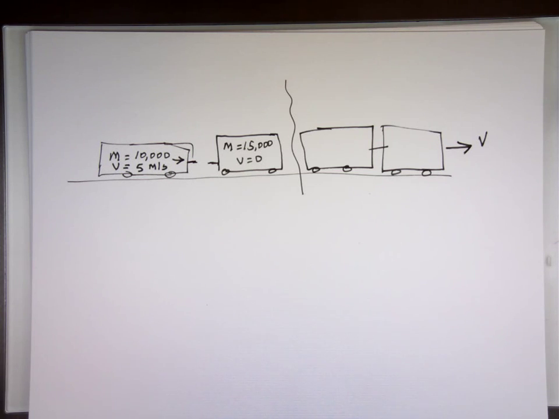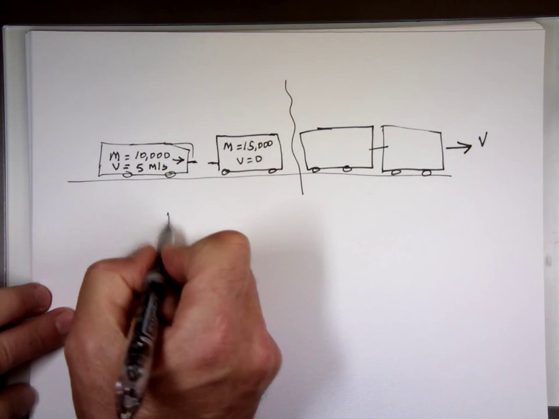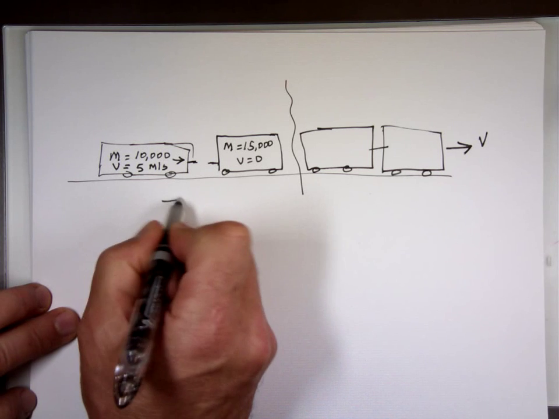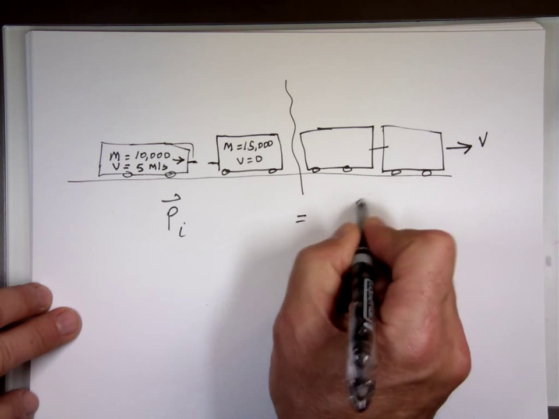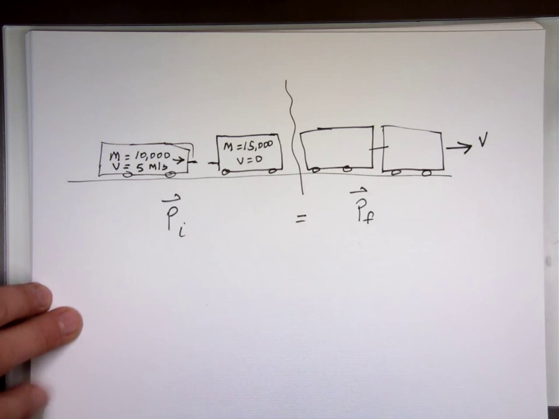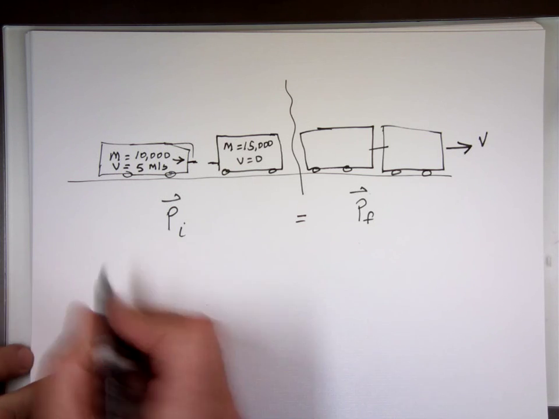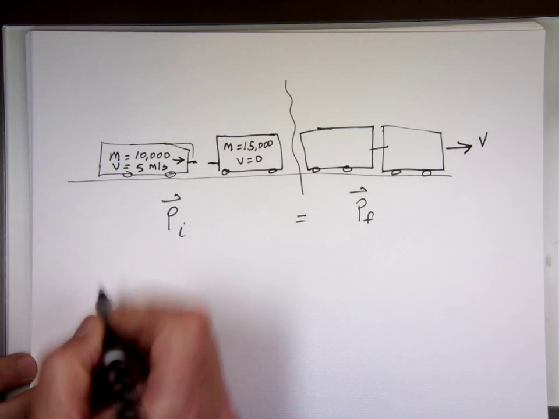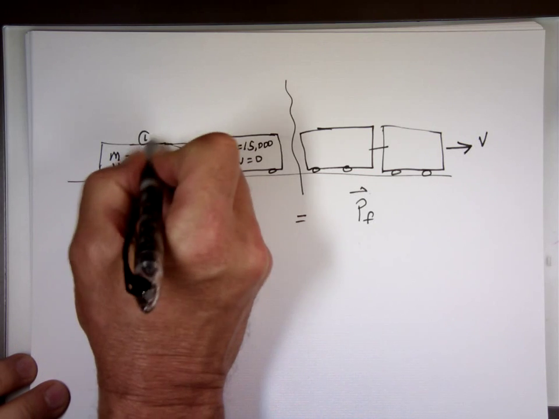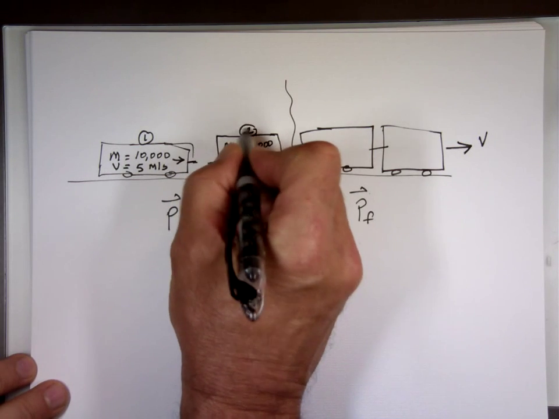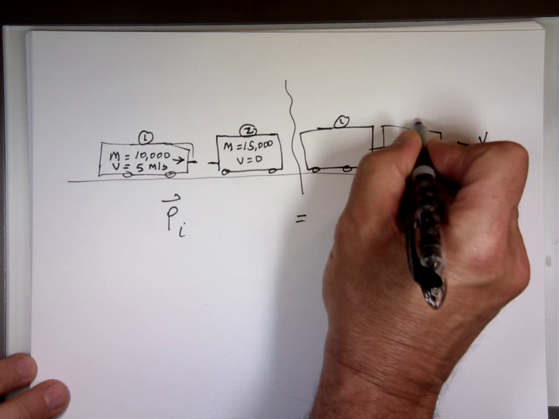That's a completely inelastic collision. That means the initial linear momentum should equal the final linear momentum. What's the initial linear momentum? Mass times velocity. For the first one, this is number 1, this is number 2.